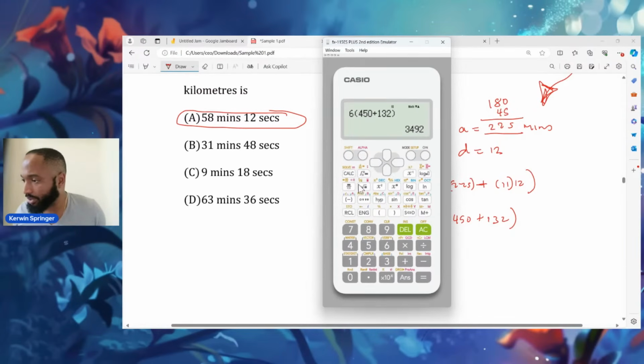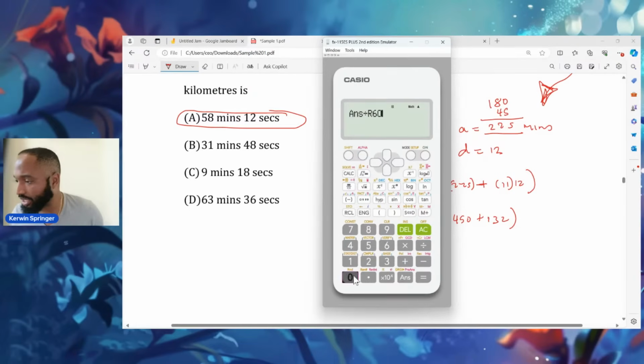Let's just go back up. You could alpha divide by 60. Shucks, I think I'm in the wrong number.